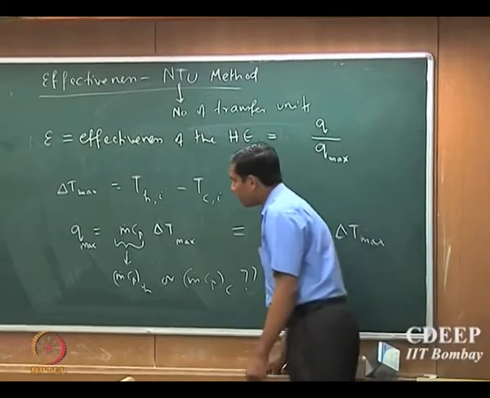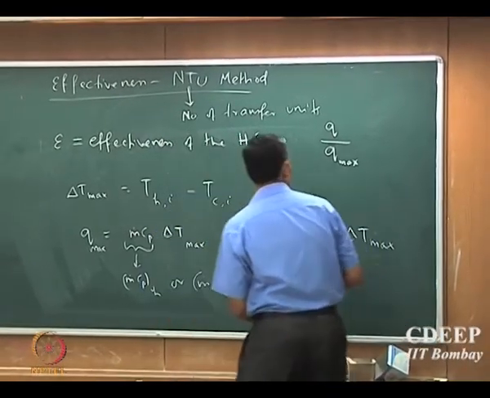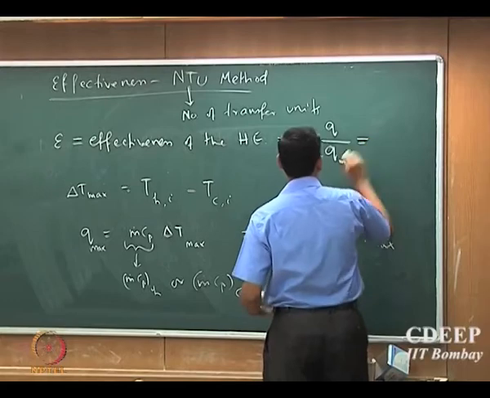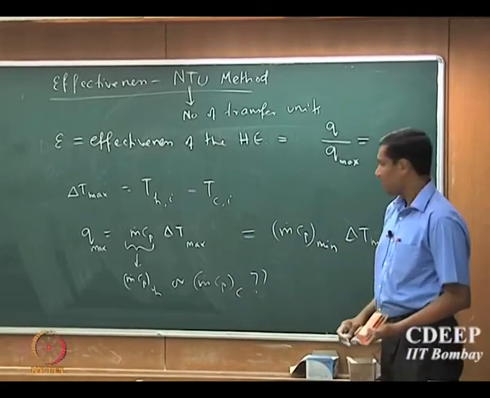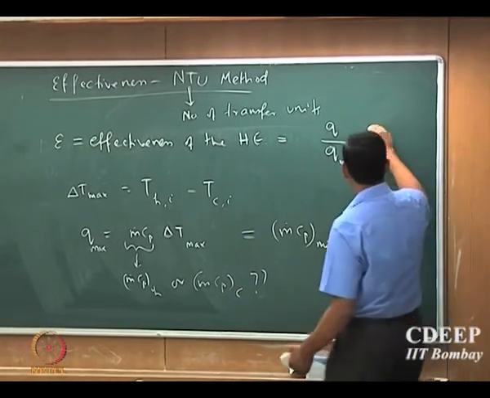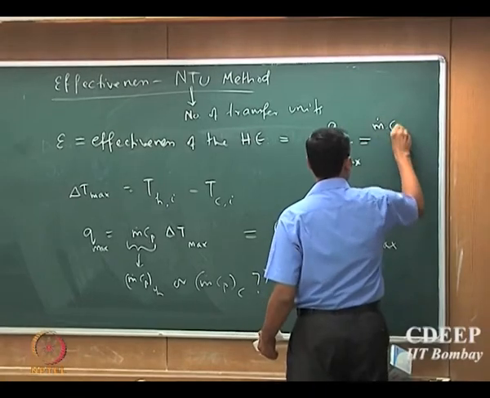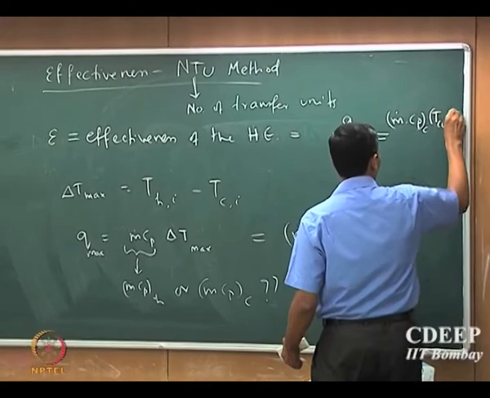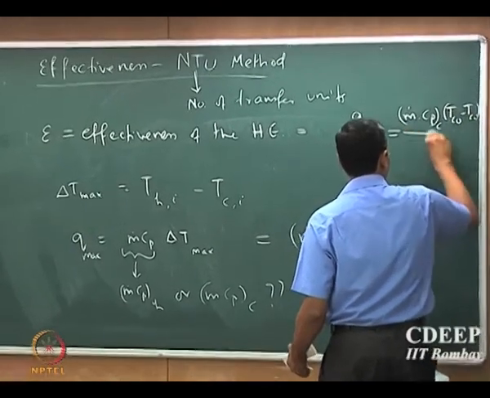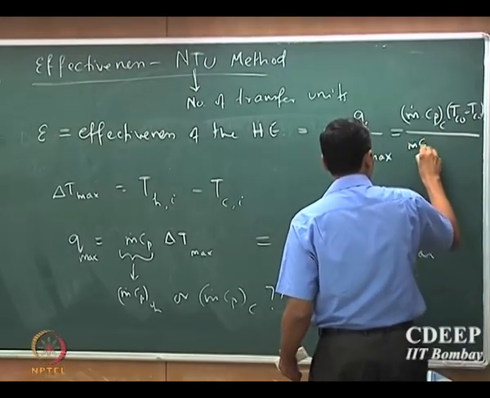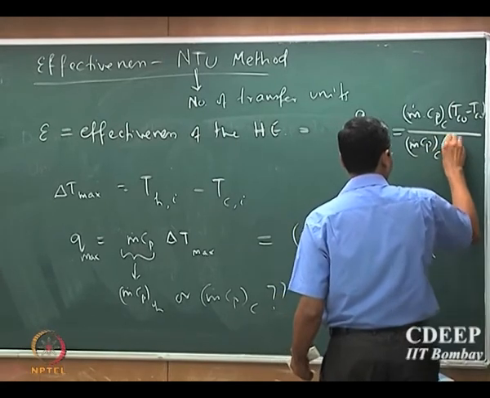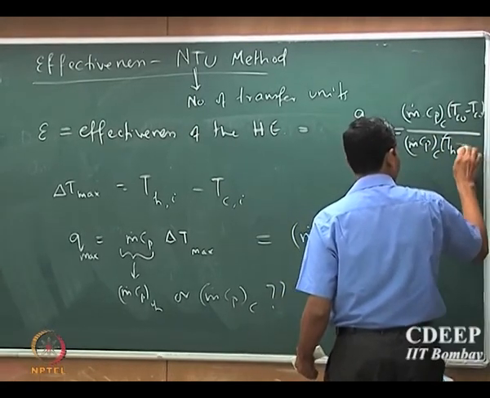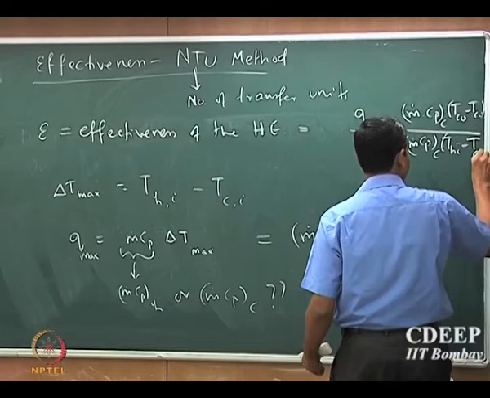So, we can simply define efficiency. If I define efficiency in terms of the cold fluid for this example, it will be m dot Cp of cold fluid multiplied by Tco minus Tci, divided by m dot Cp of cold fluid multiplied by Thi minus Tci.